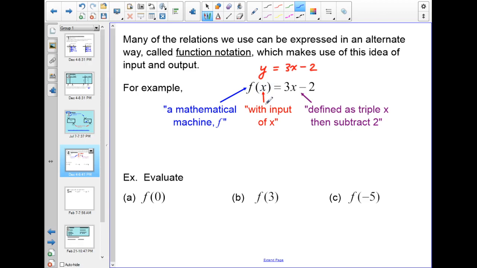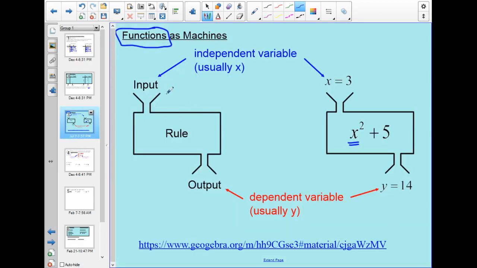Then it's saying, and this is the part that students who are new to this concept trip over, we are used to a set of round brackets like this representing multiplication, but they do not represent multiplication in this case. These round brackets are the input to the function.